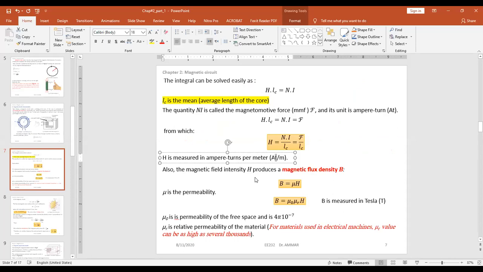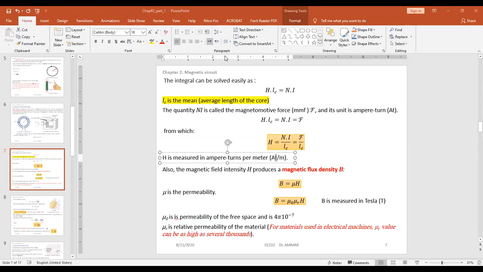In the textbooks, when they talk about the magnetic field, some say the magnetic field is H, which we call magnetic field intensity, and some say the magnetic field is B, which is the more famous one. The unit of the magnetic field is Tesla, the unit of B, measured in Tesla.